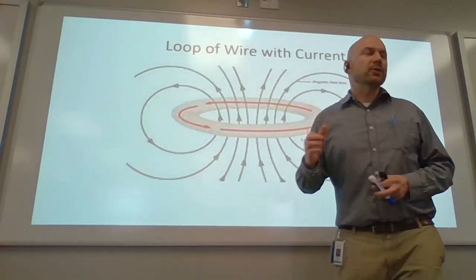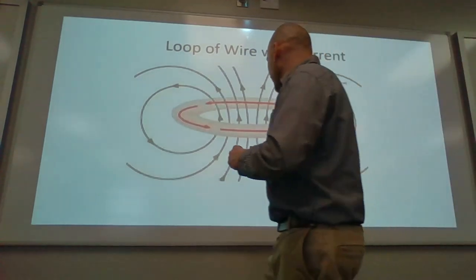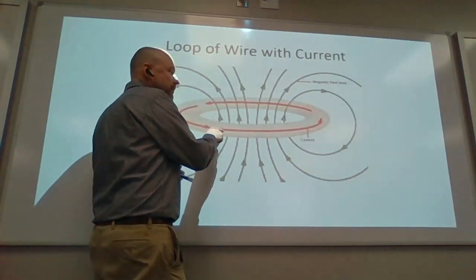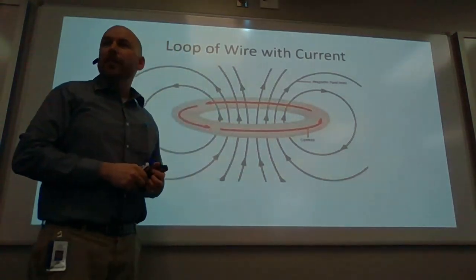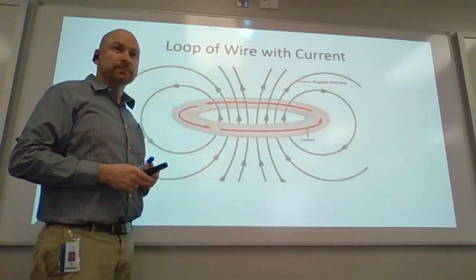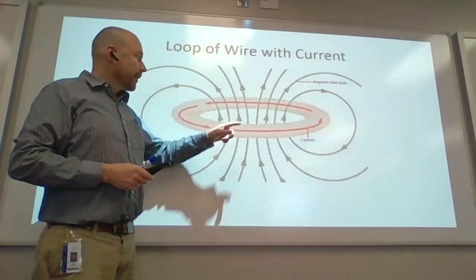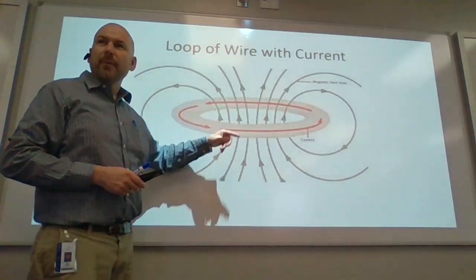Now, to evaluate this three-dimensional picture, here's what we do. Ready for this one? You should stop playing chess and focus on me right now. You're going to look at the part of the loop that's closest to you. Is this part closest or this part closest? A or B?